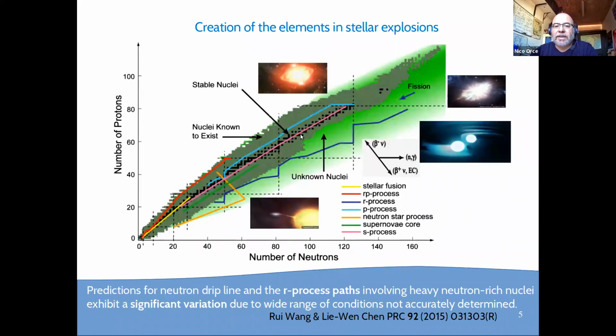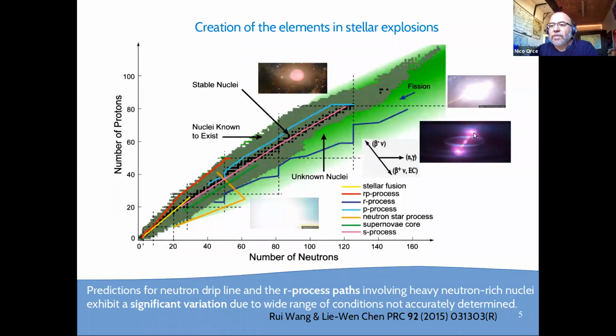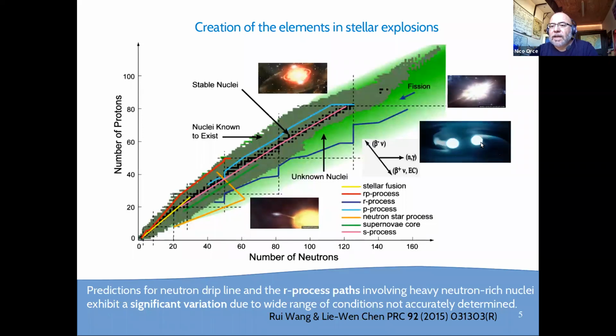All these heavy elements have produced lots of neutrons going this way, and eventually there is a competition between beta decay and neutron capture. Every time a nucleus captures one neutron, in stellar explosions like neutron star mergers, for instance, where two stars merge and you produce lots of neutrons, you go all the way up to the point where the nucleus becomes unbound.